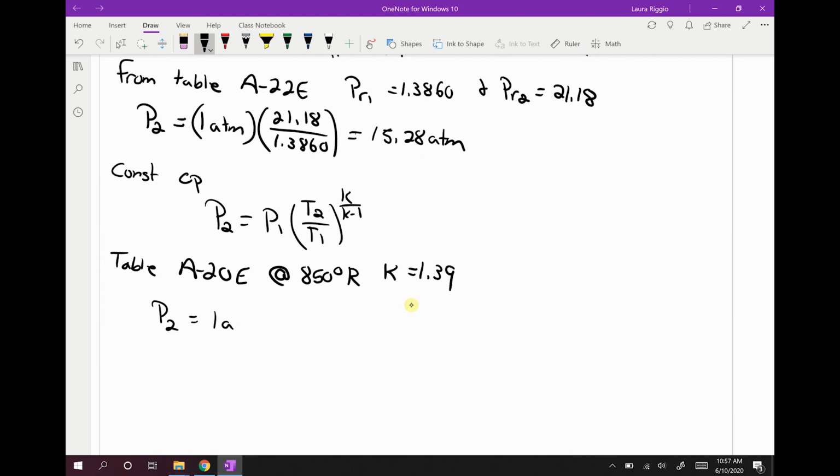So P2 is 1 atm times 1160 over 540, to the 1.39 over 1.39 minus 1, which gives us 15.26 atm. So those are the two ways you can evaluate isentropic processes for ideal gases.